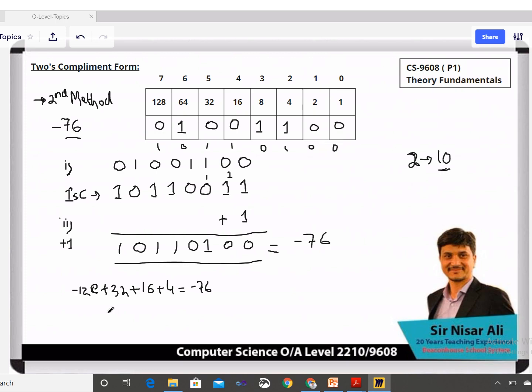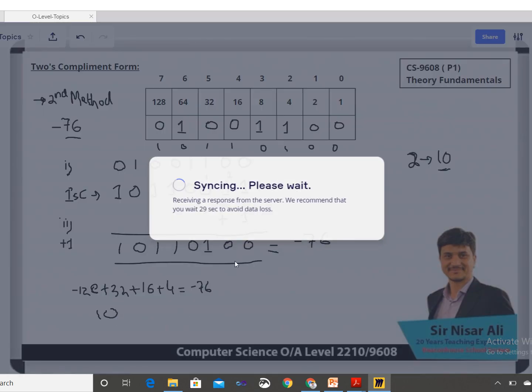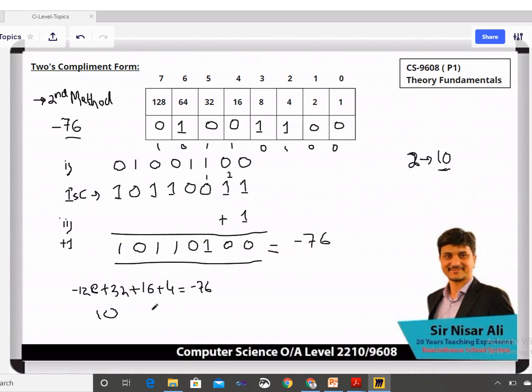If we see from that method, we also get 1 0 1 1 0 1 0 0. So the second method's output is the same as the first method, which is a cross check.